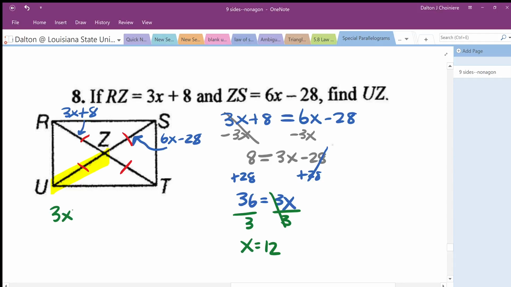So instead of 3x plus 8, if I plugged in 3 times 12 plus 8, what is that? What is 3 times 12? And what is 36 plus 8? 44. So that means uz is also equal to 44.